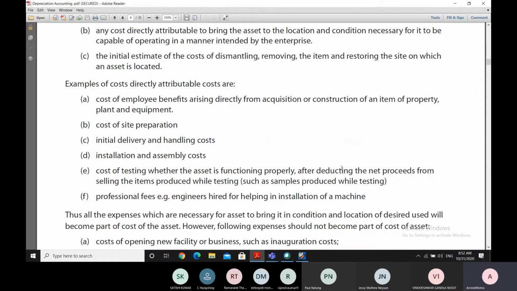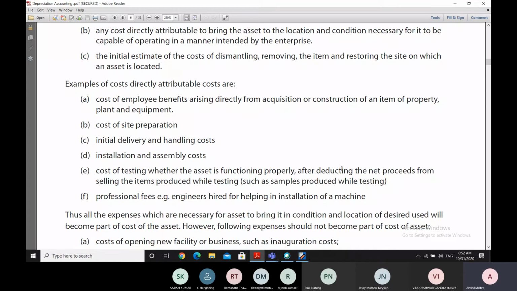The cost of testing is calculated by including the costs which are incurred for testing and after deducting the net proceeds from the selling of the items produced.